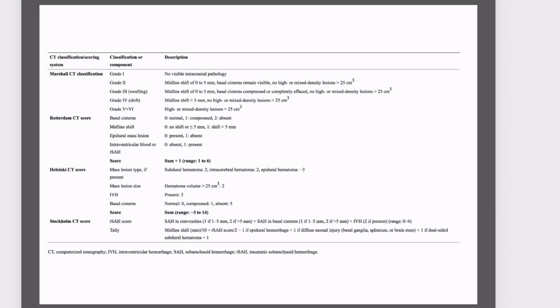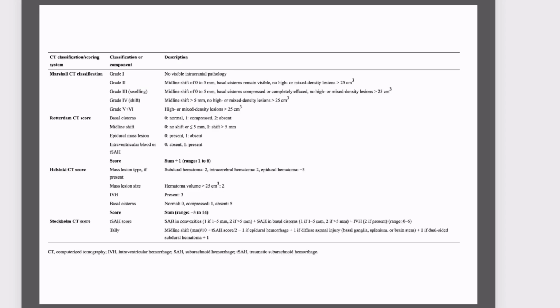Stockholm considers traumatic subarachnoid hemorrhage, convexities, then midline shift, whether present or not, epidural hemorrhage or not, and diffuse axonal injury.